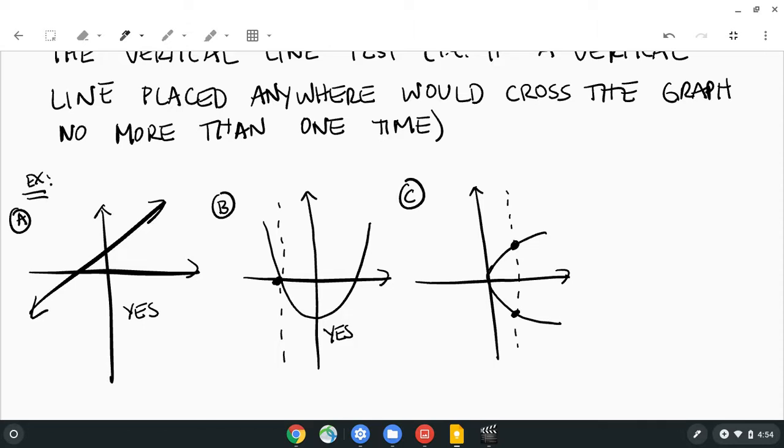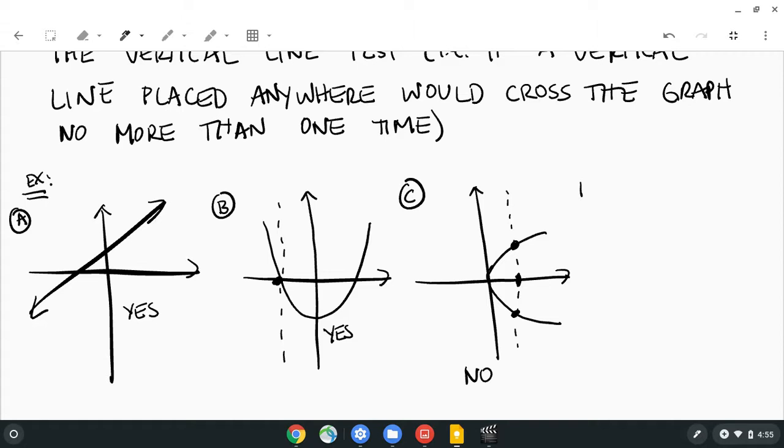Because what this is saying is that this x value right over here is getting mapped to 2 y values, this y value and this y value. And remember, for this to be a function, each x value can only get mapped to 1 y value. So this one is a no.